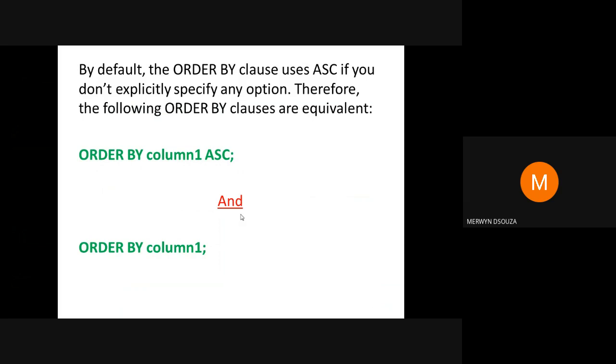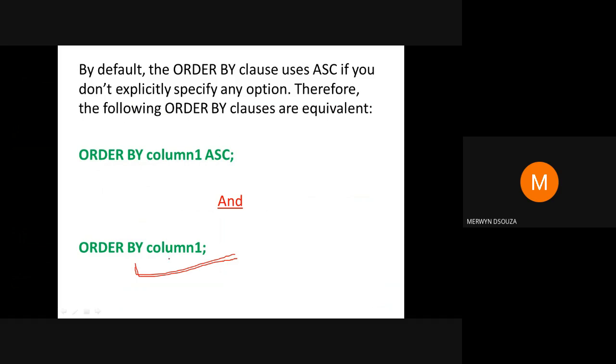So if you don't explicitly specify an option, then the following queries are the same. If you put order by column 1 ASC, or you don't put that ASC keyword, the second query also will sort the data in ascending order.